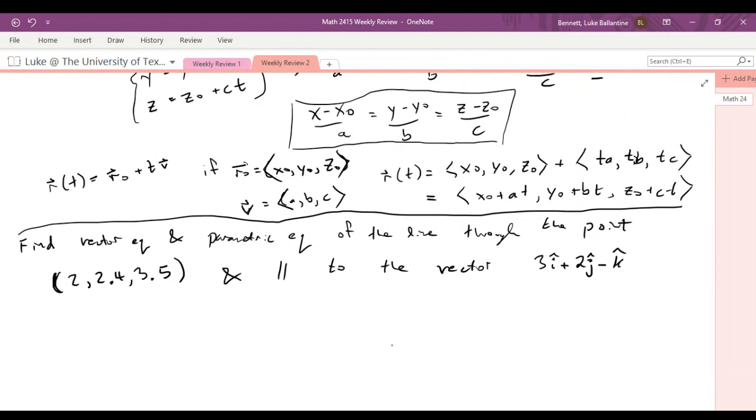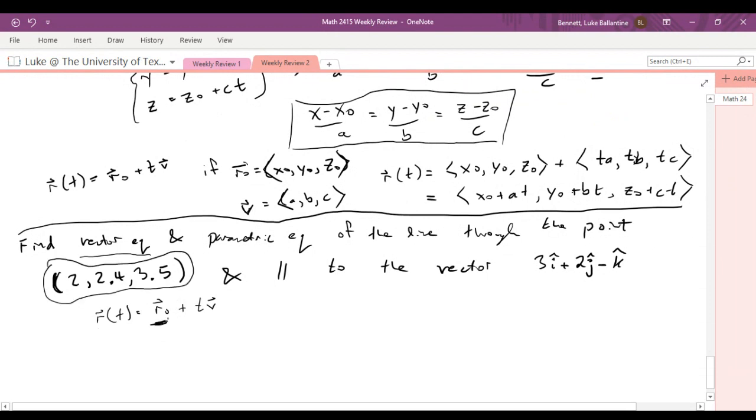All right. So let's first find the vector equation. Remember, let's write our formula down. R of t equals R naught plus t times v. Now, all of this is really given. We just have to decode the words. It passes through this point, so that's going to be our R naught.